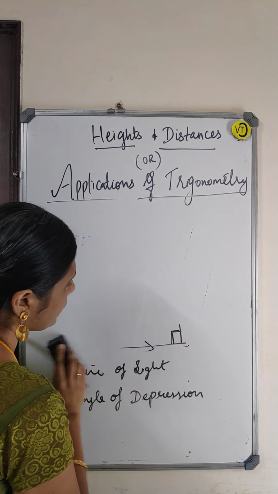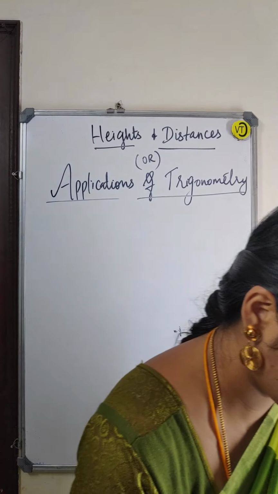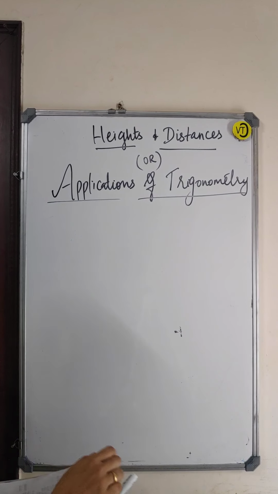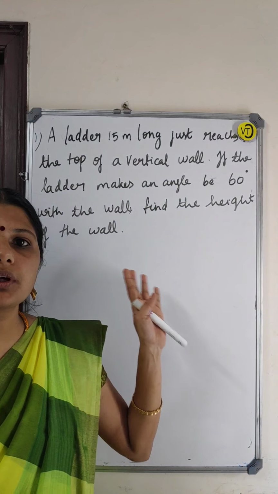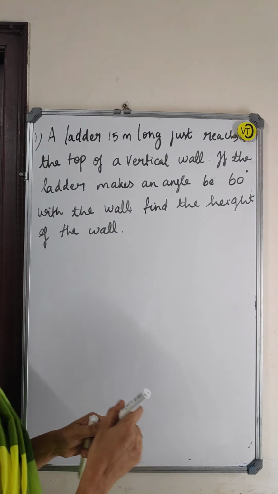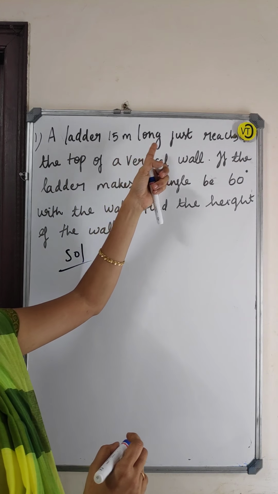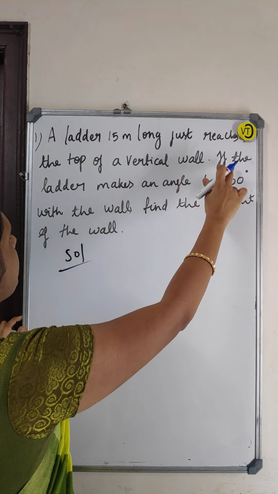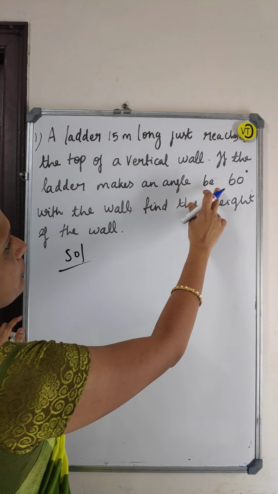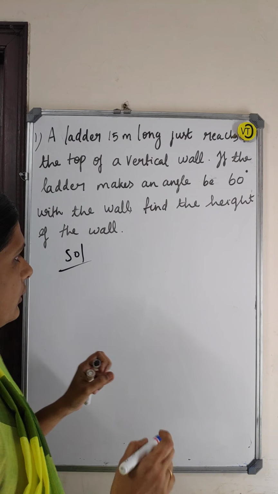Okay, let me do one problem, then you can understand more. A ladder 15 meter long just reaches the top of a vertical wall. If the ladder makes an angle of 60 degree with the wall, find the height of the wall.